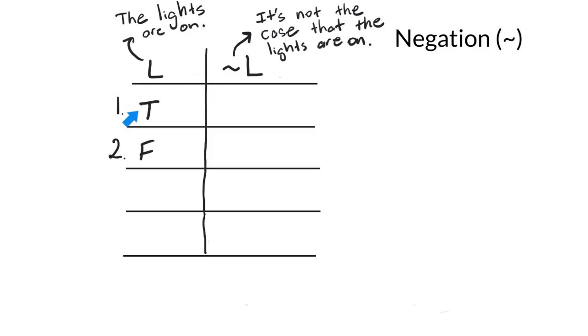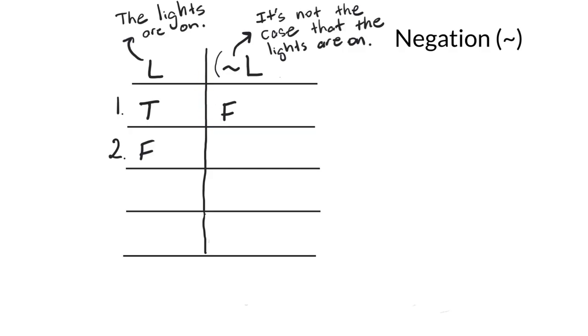Well, we flip the truth value. So if it's true that the lights are on, then it's false that it's not the case that the lights are on. Notice that we put the truth value of this whole sentence.